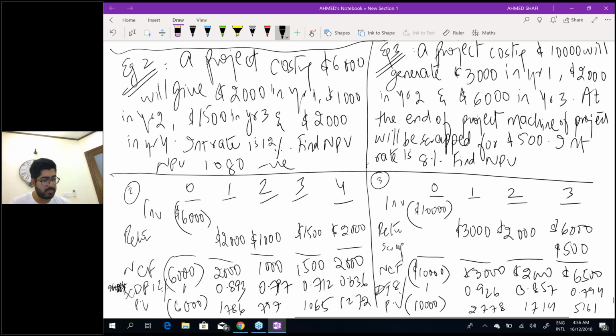Sum them all to get NPV, 1714 plus 2778 less 10,000. This gives 347 negative, indicating project should be rejected. Any questions with respect to example 1, 2, 3? Please ask.